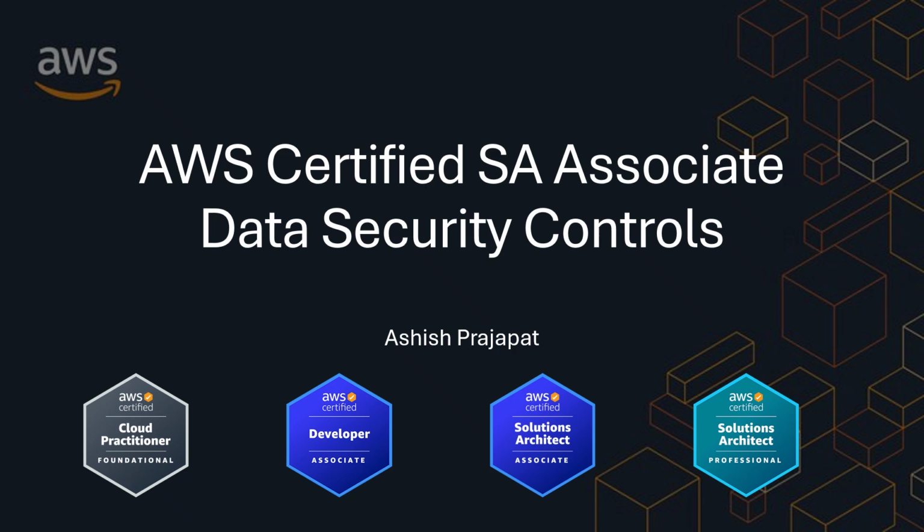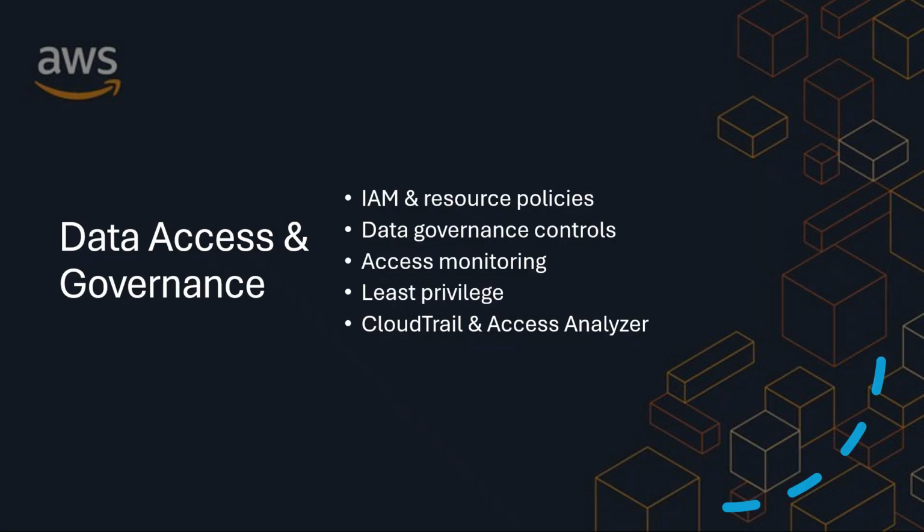Let's begin. Designing strong data security begins with understanding who can access your data and how that access is governed. AWS provides multiple layers of control, starting with IAM permissions and resource policies that determine exactly which identity can interact with the dataset. Data governance ensures that sensitive information is accessed only by the authorized roles and only for approved purposes.